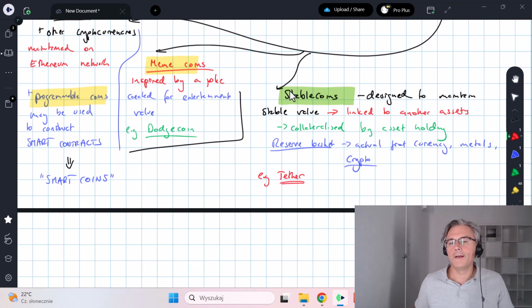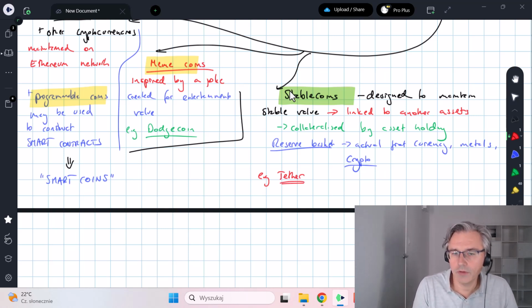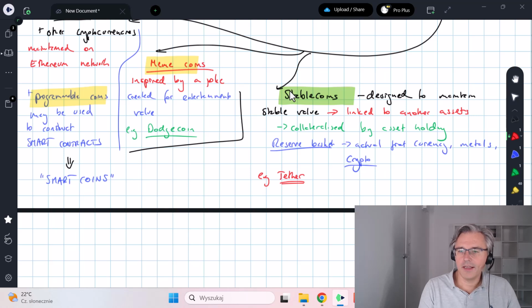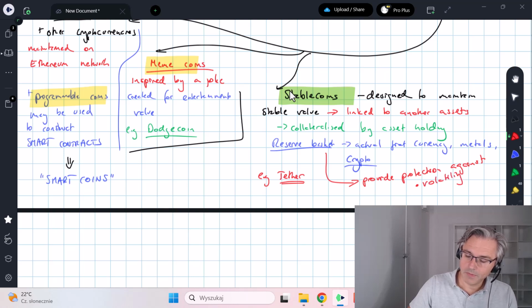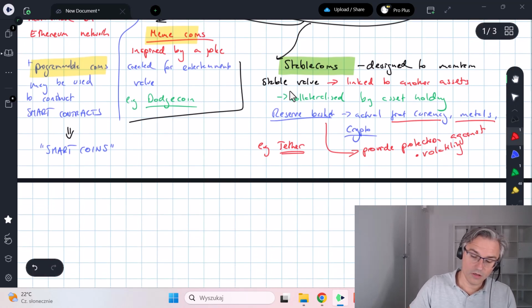Tether was created to be backed by a reserve basket, and that reserve basket should provide protection against two things: protection from volatility, especially when it's backed by something relatively stable like the US dollar or gold holdings.